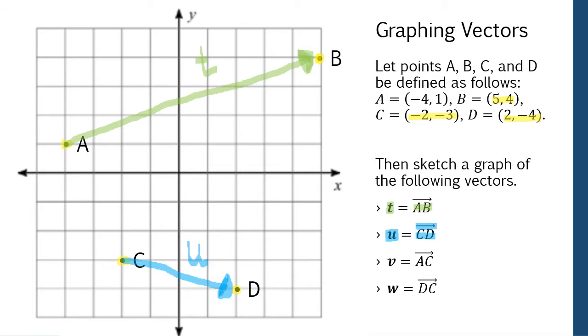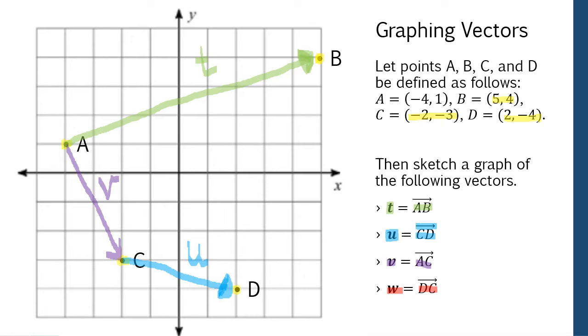Vector v is the vector from point A to point C. So starting at point A, ending at point C, that would be this vector or this arrow right here. That is vector v. And lastly, we're asked to graph vector w, which goes from point D to point C.